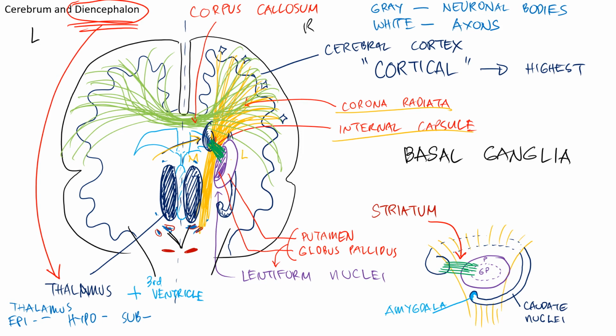So your basal ganglia includes that. You have your substantia nigra, your striatum, your lentiform nuclei, your caudate nucleus. So you can see that most of the nuclei at the base of your brain, even your main thalamic nuclei, is part of your basal ganglia.